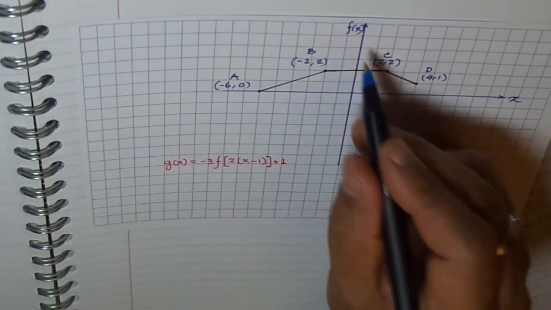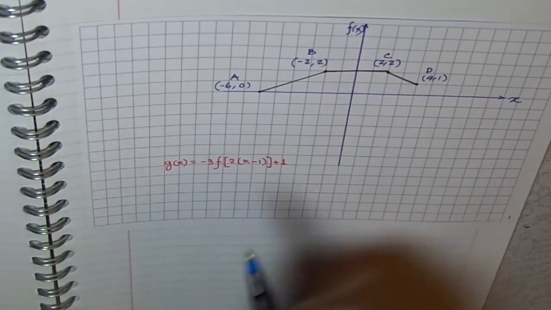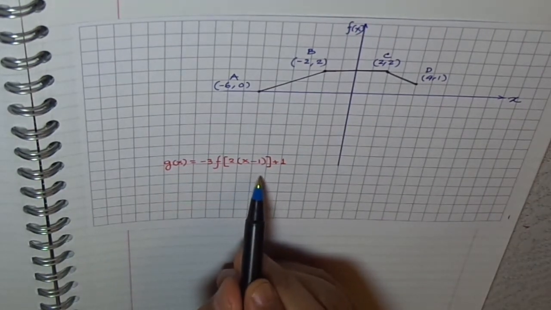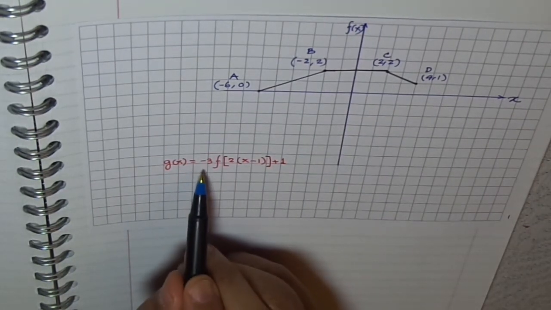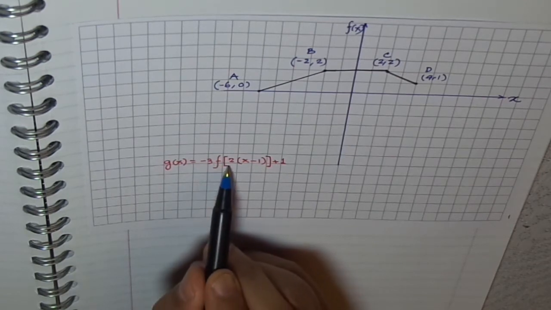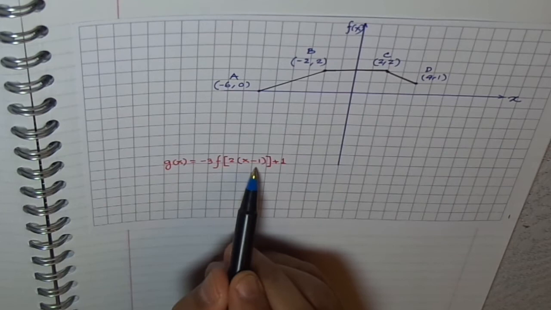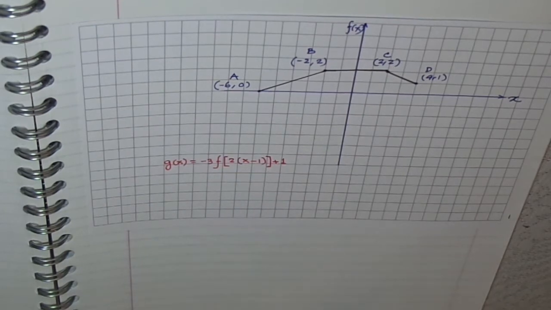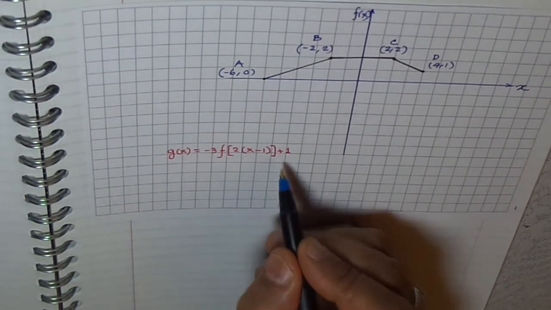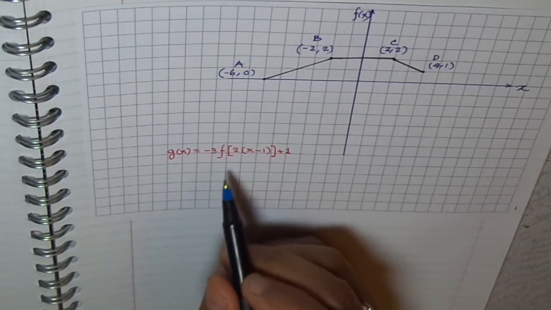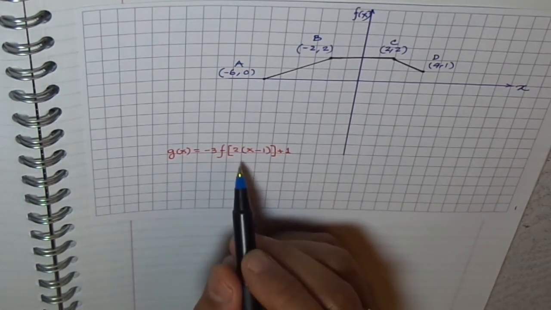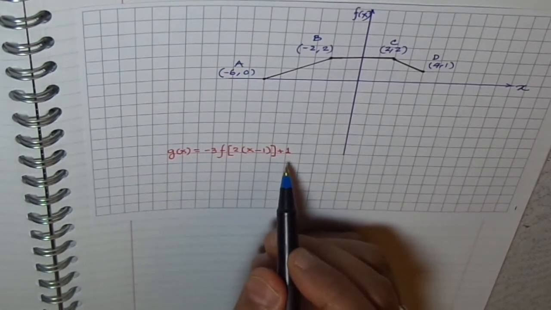We want to transform this function using this function. Now here, you see the transformation. We are doing minus 3 f of 2 within brackets times (x minus 1) plus 1. Can you tell me what should be the transformation? Let's start from the left side, and I'll prefer to do left to right because in that case we ensure that it will be correct.